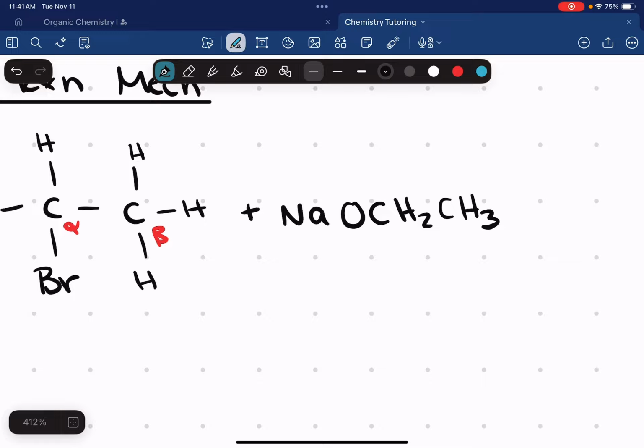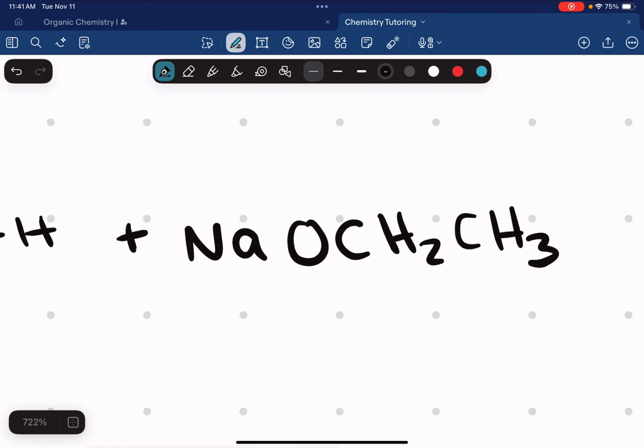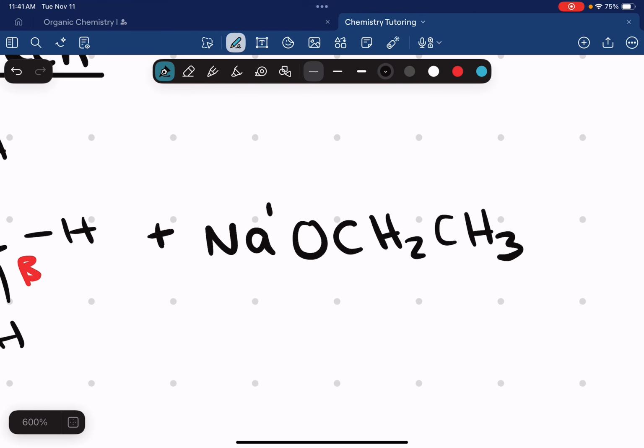All right, so it's going to be listed like this on your exam, right? And you're going to look at this and be like, well, how do I know if this is a strong base? Well, we know that this is an ionic bond, so really this is an Na+ and O-. The charge on the oxygen makes it a strong base, right? It's negatively charged, so it really wants a proton. It wants a hydrogen, so that way it can be a neutral charge.